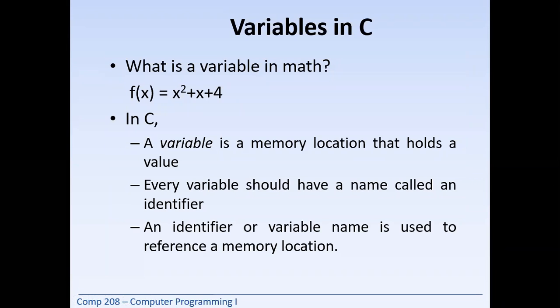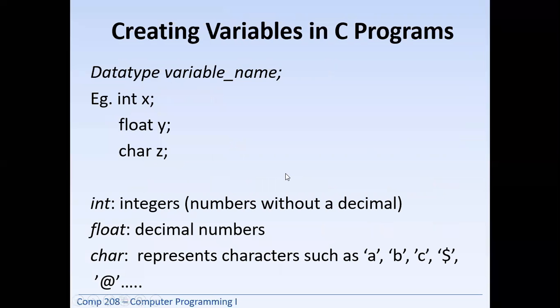Variables. A variable in C is a memory location that holds a value. Every variable should have a name called an identifier, and the variable name or identifier is used to reference a memory location. To define any variable, you must first define which type it is: data type, variable name, semicolon.